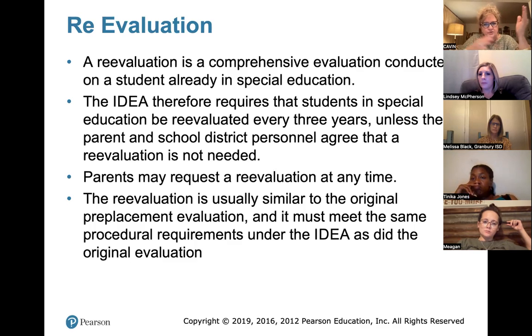We are required to do a reevaluation to look at a child's continuation of eligibility every 3 years. And that's what the question on your quiz is getting at. But a number of years ago, maybe 15 years or so ago, no, it's been more than that. It was about 2009.